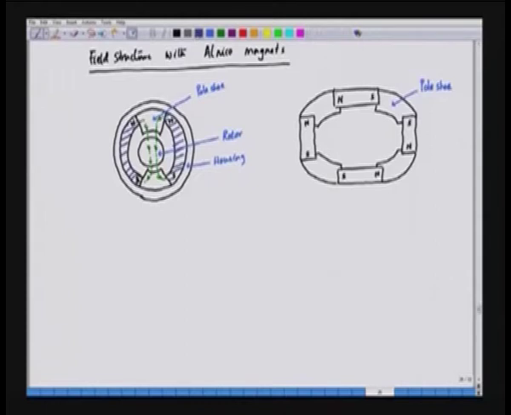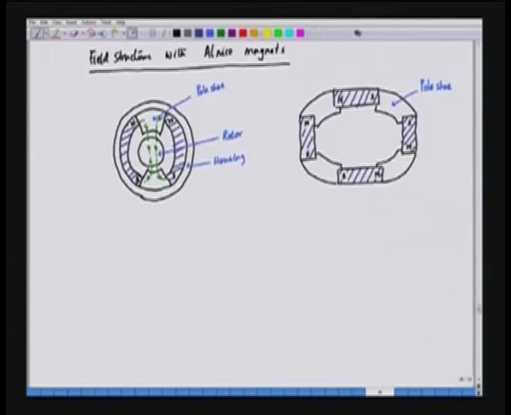These are the magnets. This is also the magnet, a long magnet with large Li and small Ai.